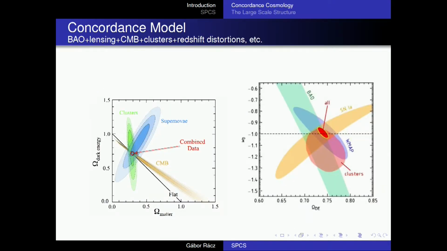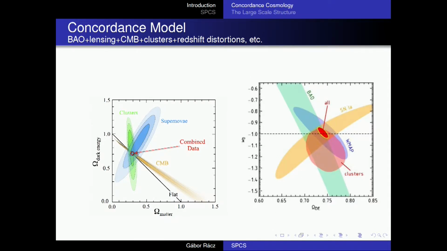So these are two slices from the parameter space of this model, and we see that these measurements are basically a small volume in this parameter space. For us, the most important are the cosmic microwave background and the clusters of galaxies.